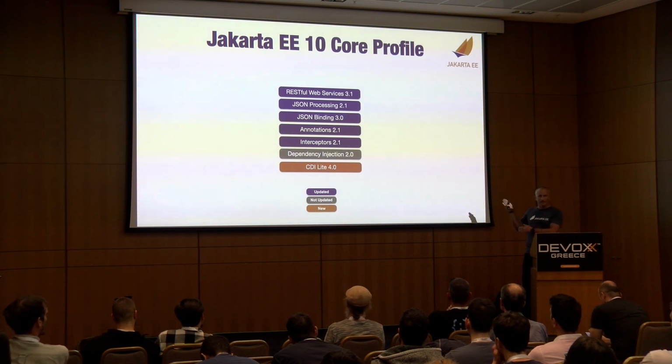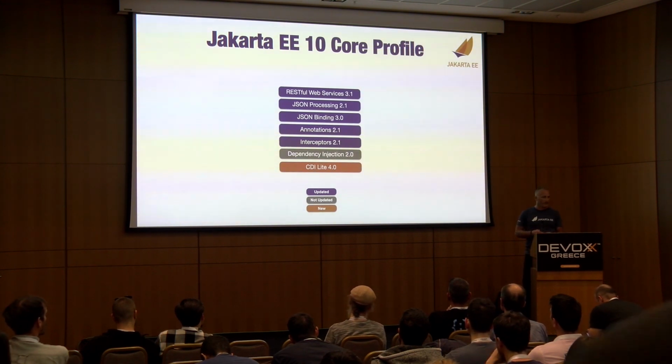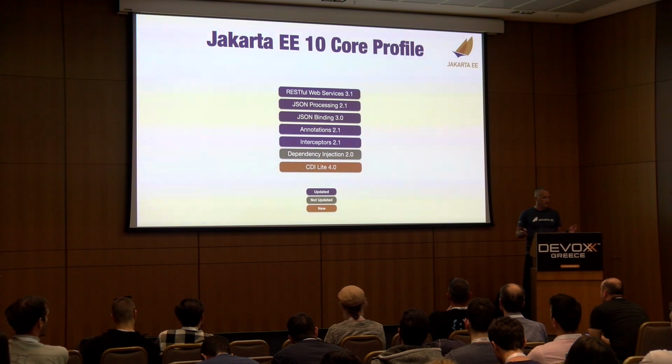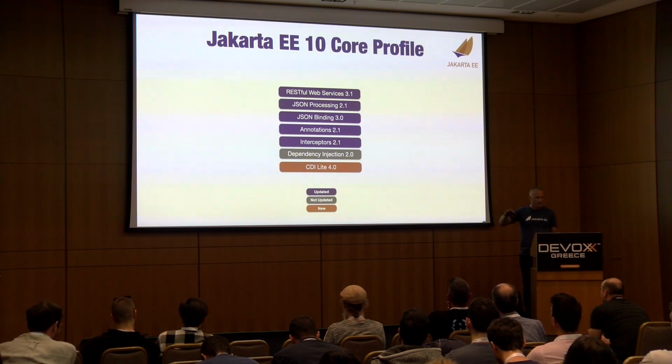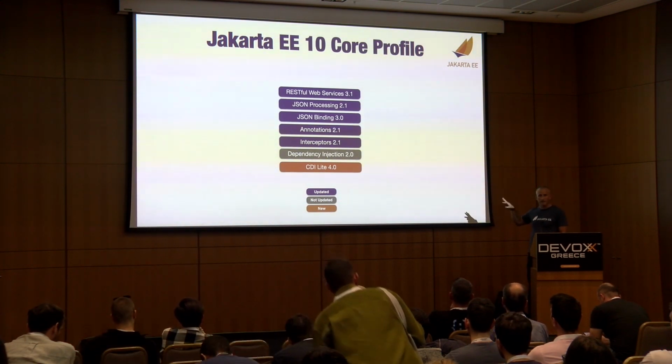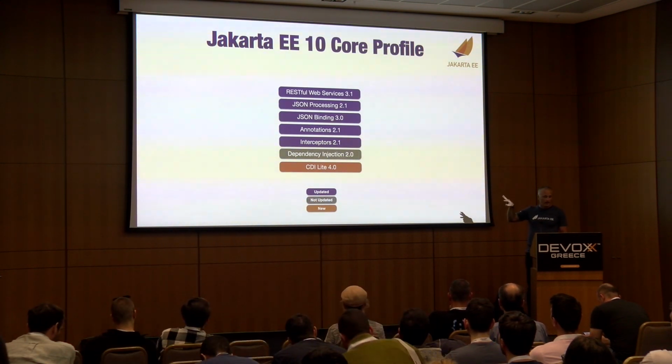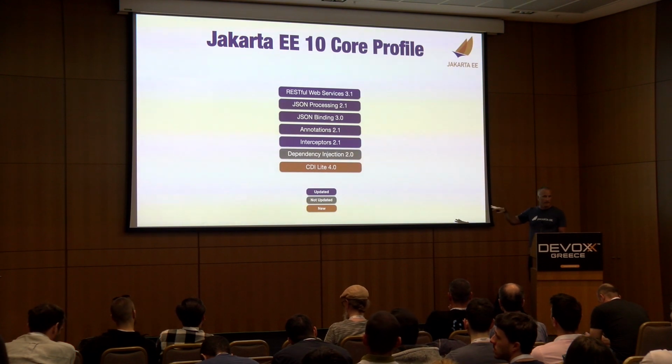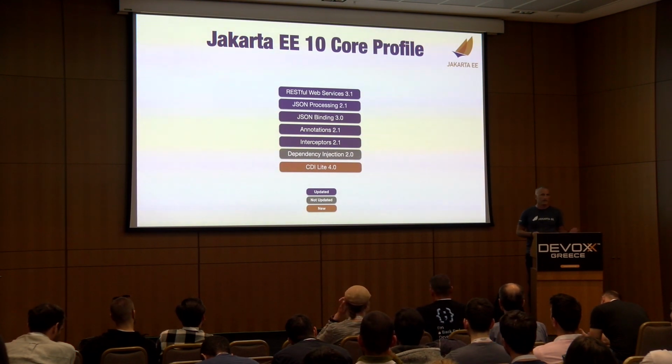These are a set of specifications that are targeting headless services or microservices. So for RESTful endpoints, you have the JSON specification for processing and binding, and you have some glue code in between with annotations and stuff, and you have CDI Lite. So these are specifications targeting a smaller, leaner runtime, for creating microservices.